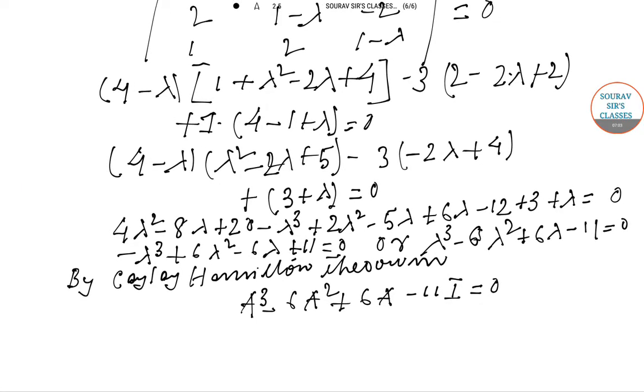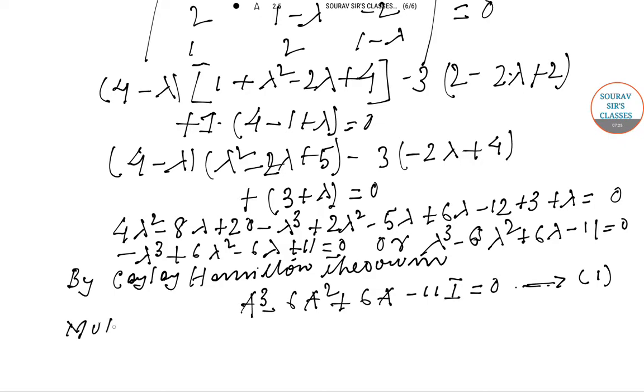Now what we'll do is multiply by A inverse. What was our problem? The problem was to hence find A inverse. So you multiply by A inverse. This is your first equation.